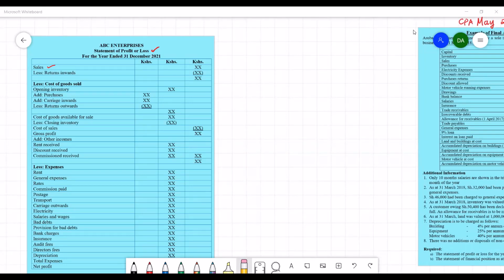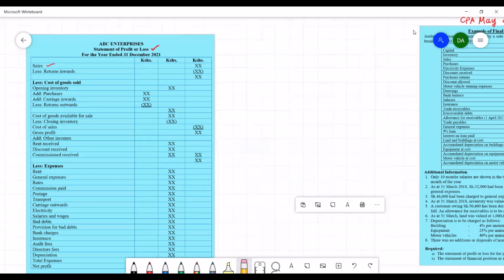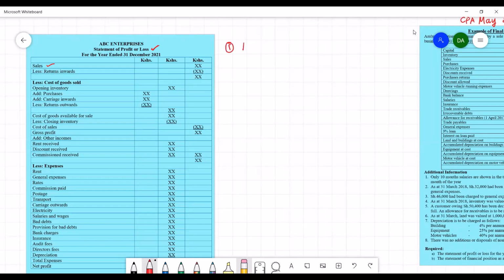The next adjustment is about bad and doubtful debt. Bad debts are debts which are irrecoverable.